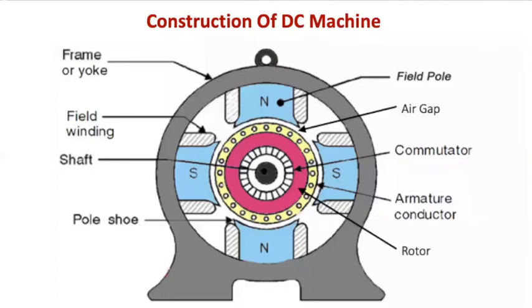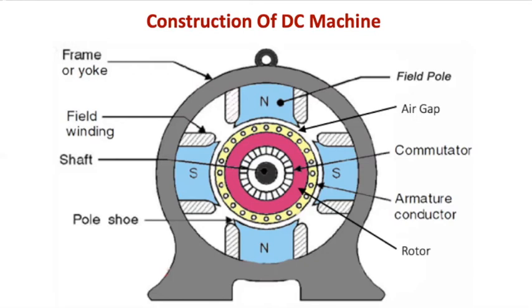Now here is the figure which you can use for drawing or for labeling the parts of the DC machine, where we have a two-dimensional figure, and it is easier to show the different parts of the DC machine with the help of a simple drawing.